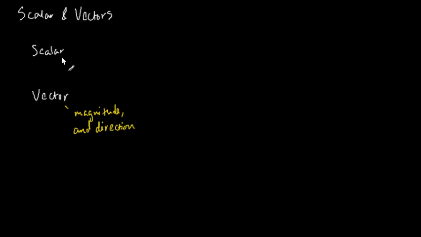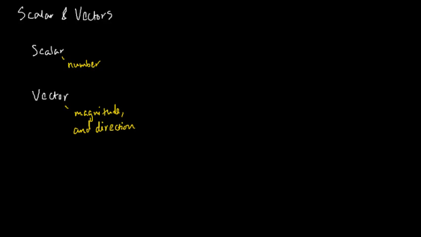Whereas a scalar has no direction. A scalar is just a number. Okay, not just a number. It is represented by a number, and in both cases we would be talking about physical quantities. So let's look at some examples.